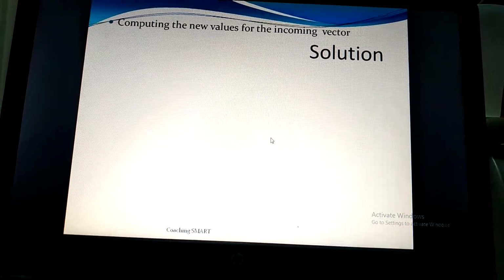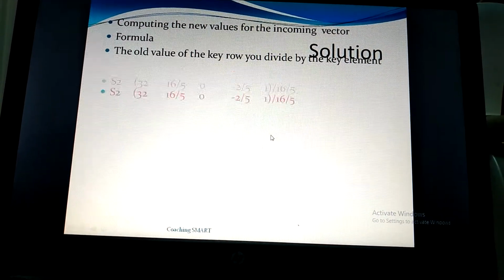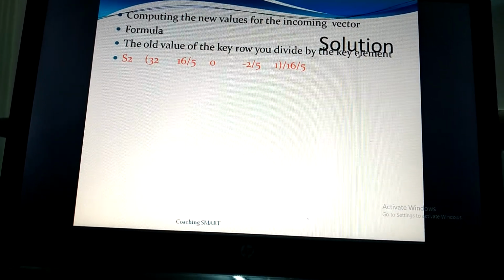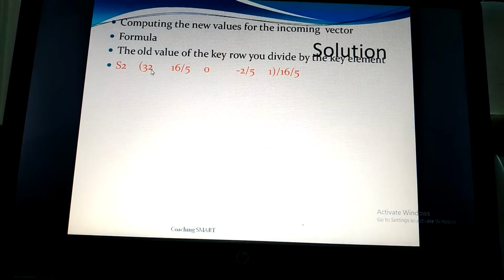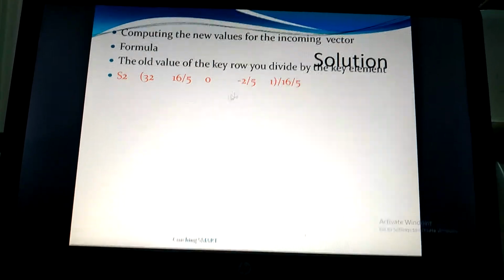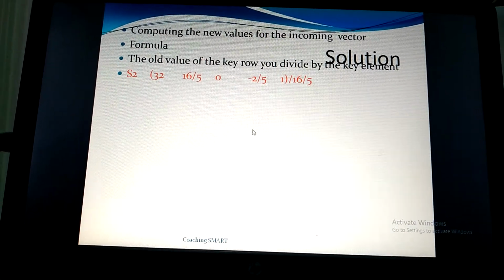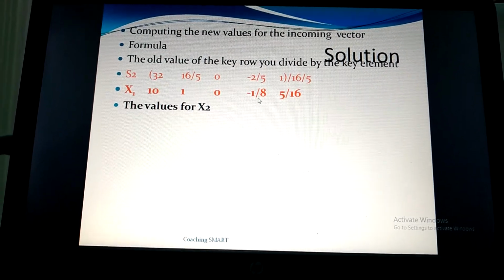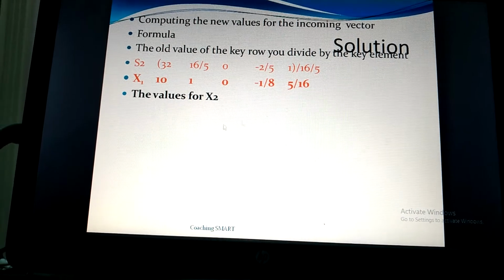Now, the solution for that: all values of the key row divided by the key element. So S2 is 32, 16 over 5, 0, negative 2 over 5, 1. When you divide, we get 10, 1, 0, negative 1 over 8, 5 over 16.